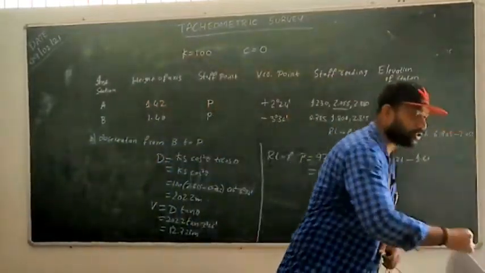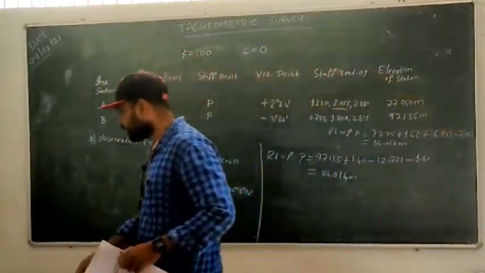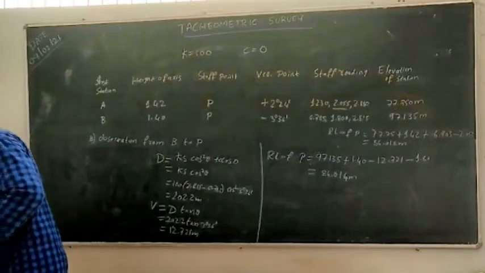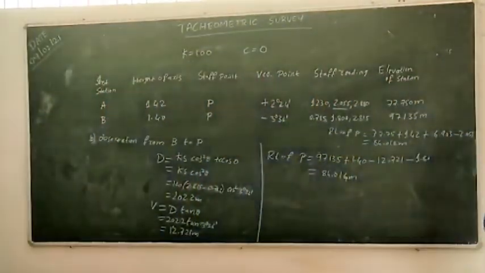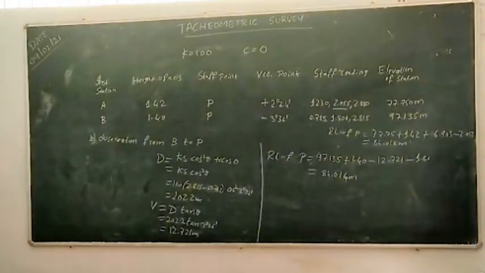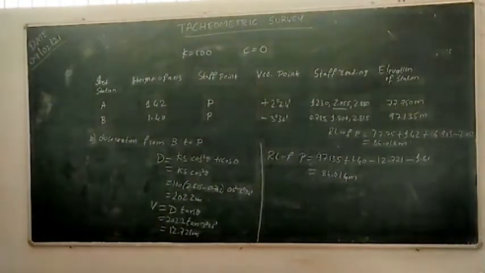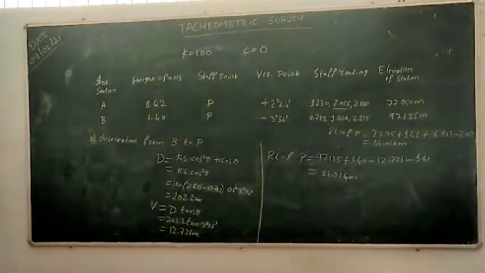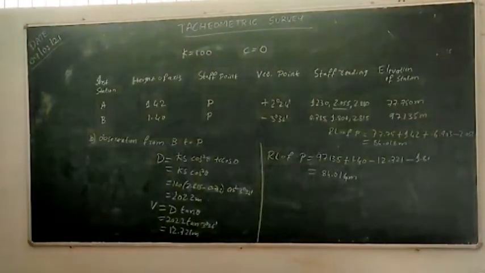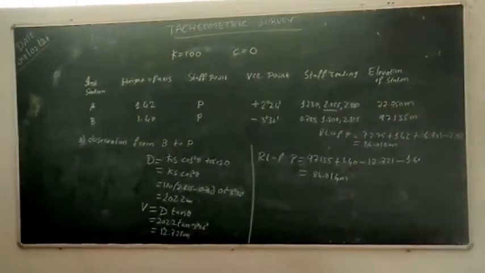Whatever problem I have solved today, that is based on which method? Come on. That is tachymetry. In tachymetry, two methods are there. One is the Stadia method and the second one is the tangential method. So this all comes under the Stadia method.